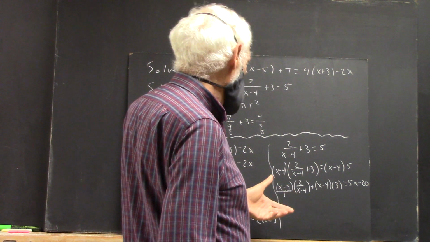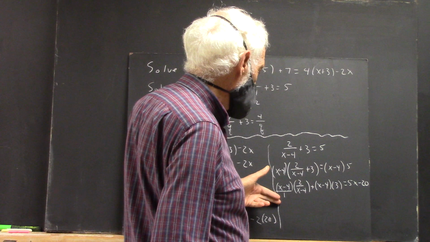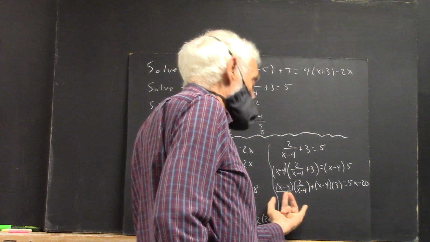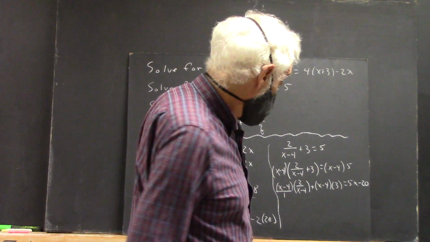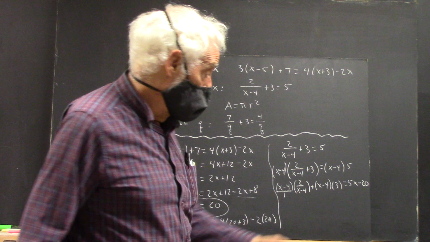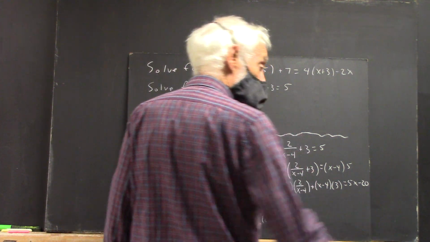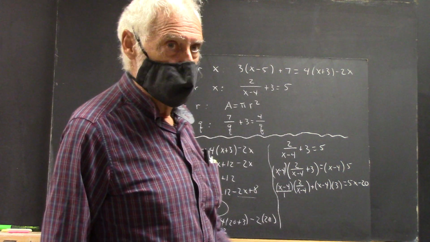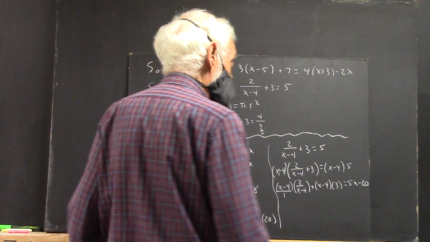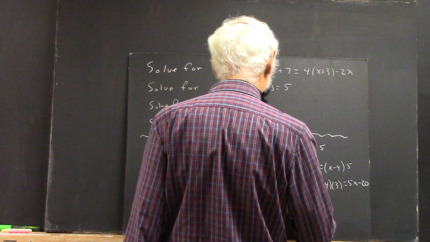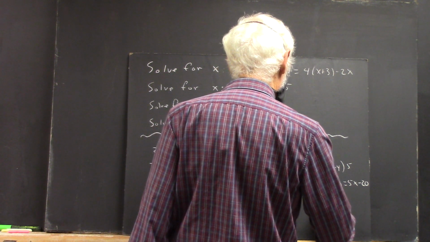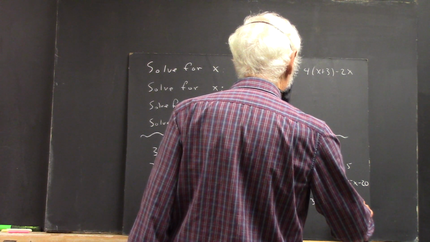But that's the same as if you had x minus 4 over x minus 4 times 2 over 1. You're going to multiply these two things, so you can reverse multiplication, you get x minus 4 over x minus 4, which is just 1. 2 over 1 is just 2. And I'm not going to write that out. I've written it out several times. So we get 2 plus 3x minus 12 equals 5x minus 20.